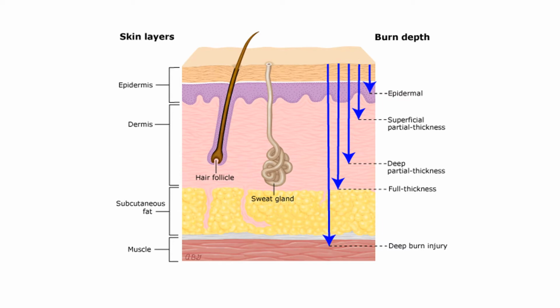And here is just an image of how the burn has entered the epidermis, and then we go to our superficial, and then we go to our deep partial thickness, our full thickness, and then the deep burn injury, okay? So it's showing you the epidermis, the dermis, subcutaneous, and the muscle.